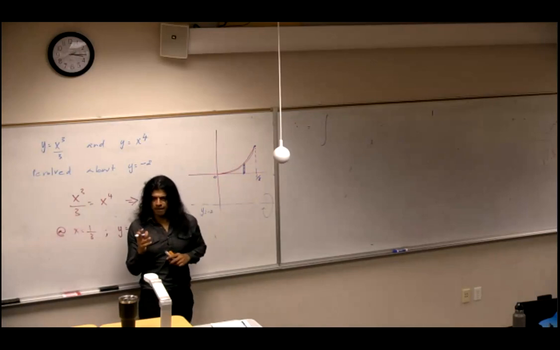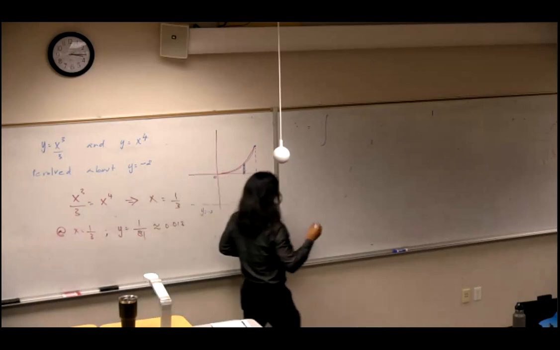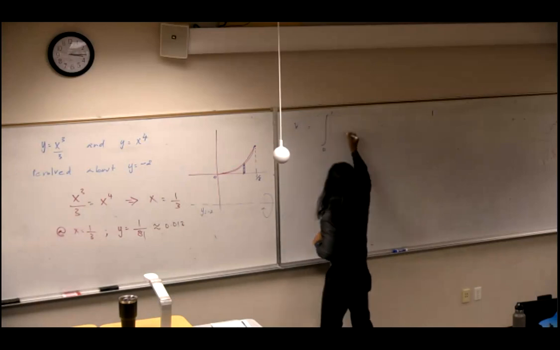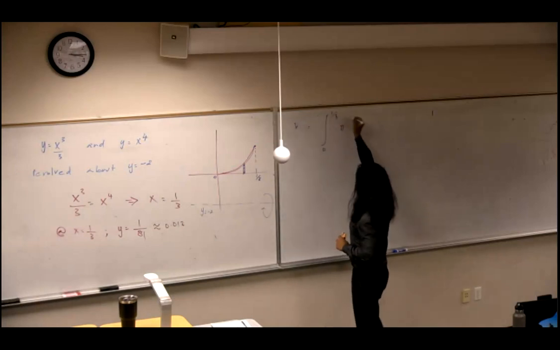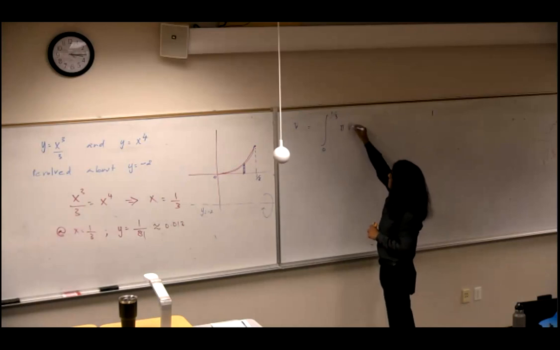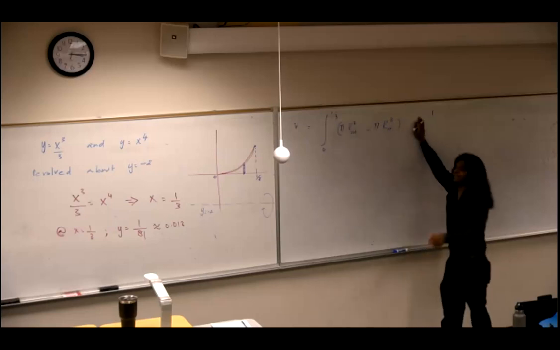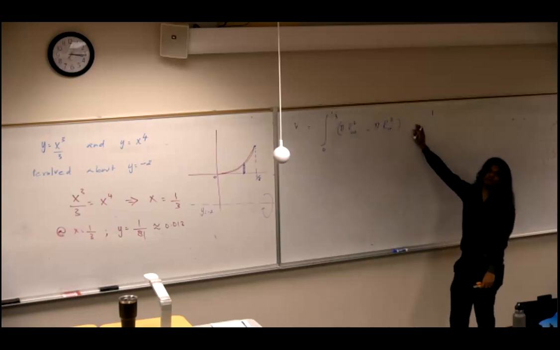So I have my bounds of integration, great. 0 to 1/3, pi, r out squared, outside radius, minus pi, r in squared, inside radius, times the key part here, is it dx or is it dy?